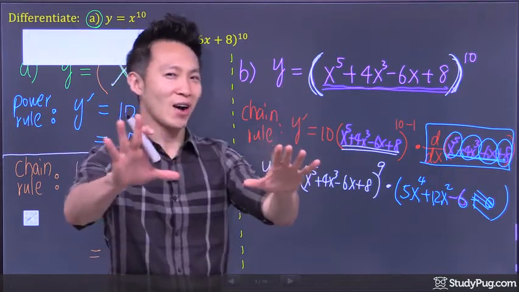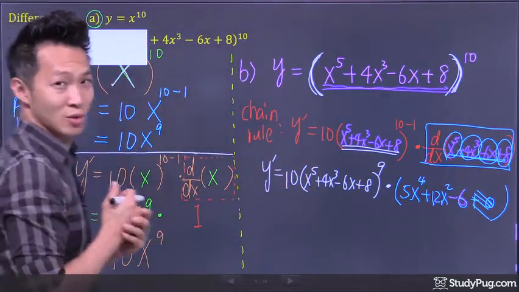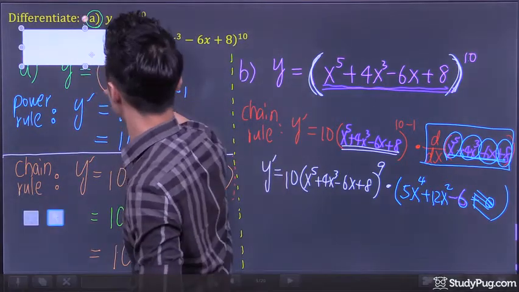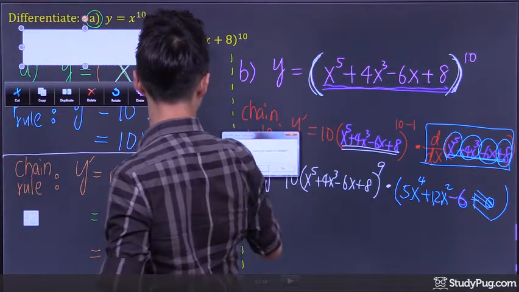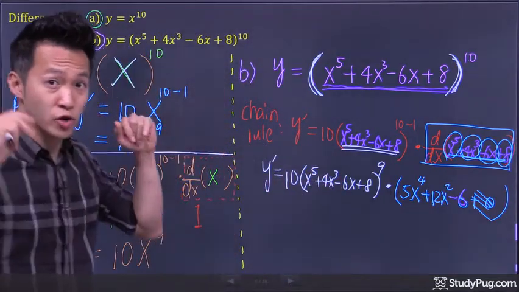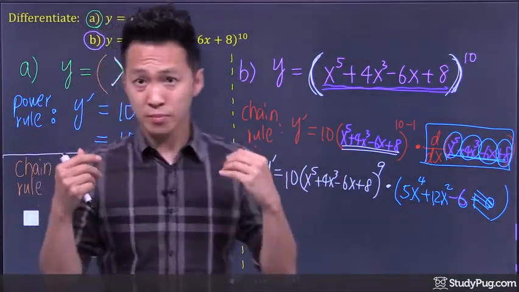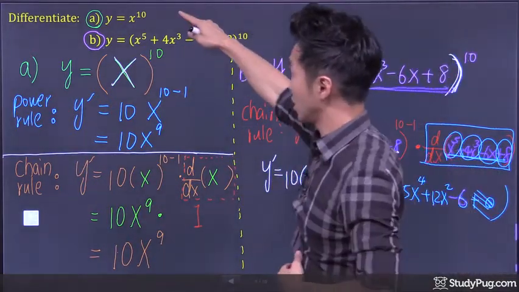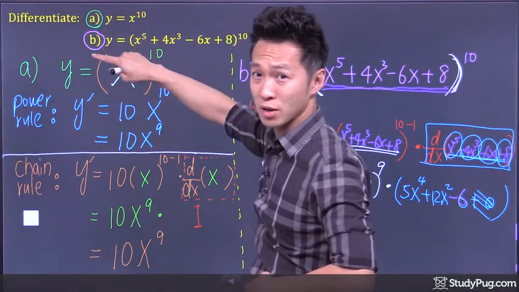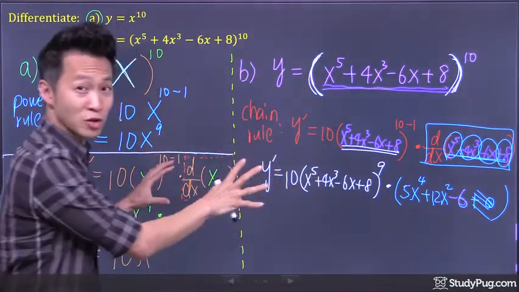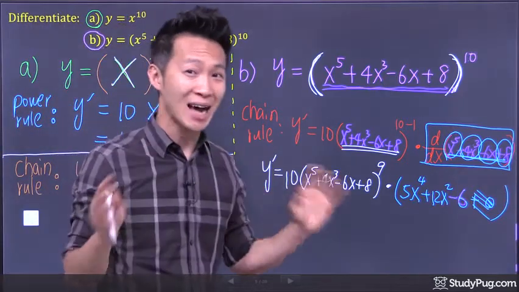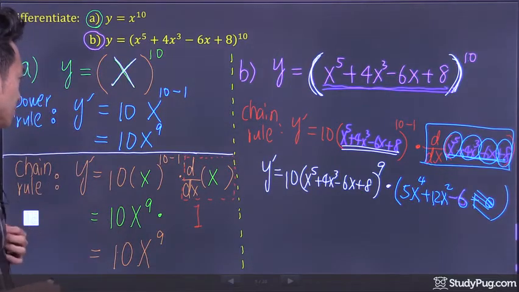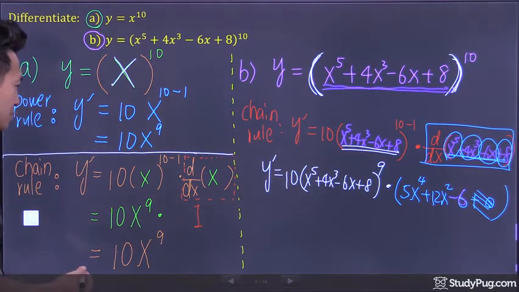Okay? Now, guys, remember we said in the eyes of chain rule, for finding the derivatives for these two functions, these two functions are pretty much the exact same thing in the eyes of chain rule, right? Isn't it? Check this out, guys. Look.